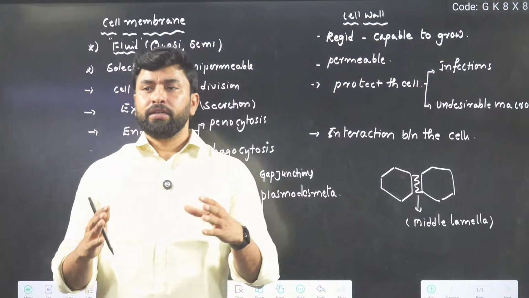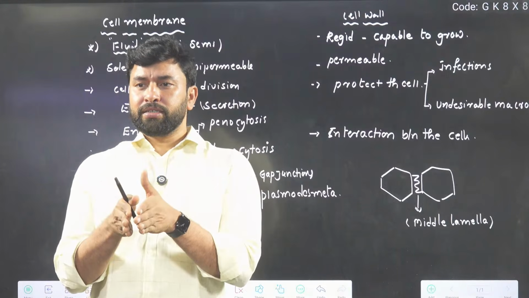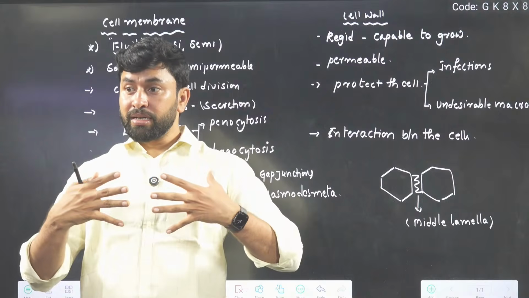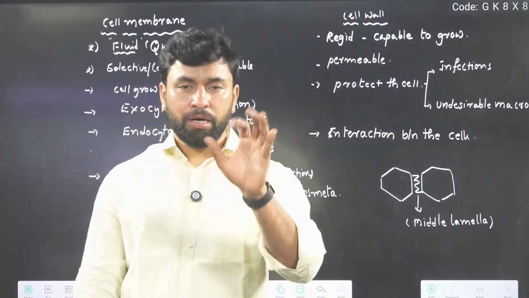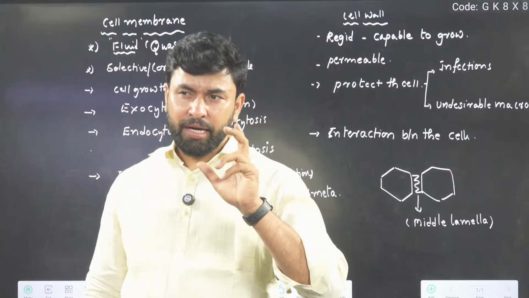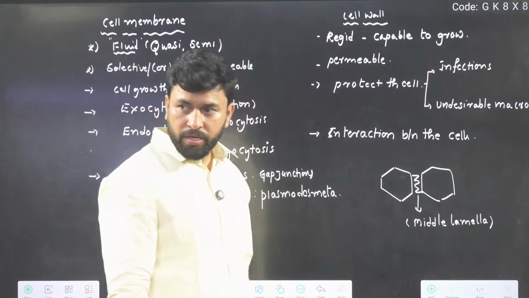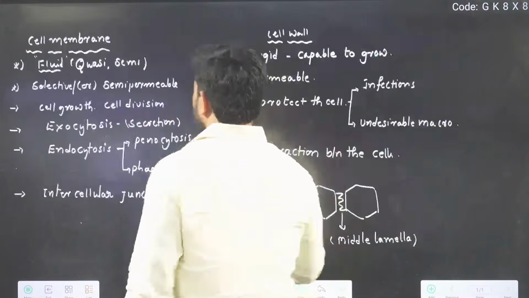Like that, the cell wall makes two cells interact. The cell membrane will make the two cells develop connections. Got the idea? This is what we need to comparatively learn between the cell membrane and the cell wall. Then go inside the cell.